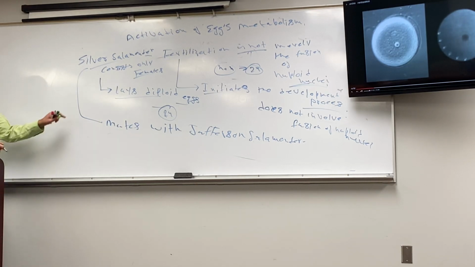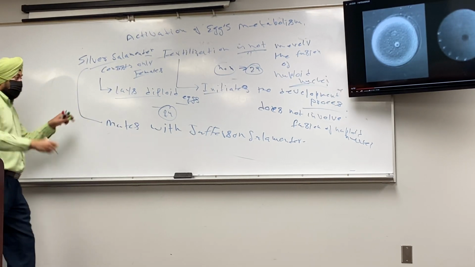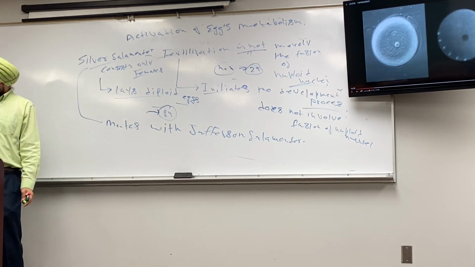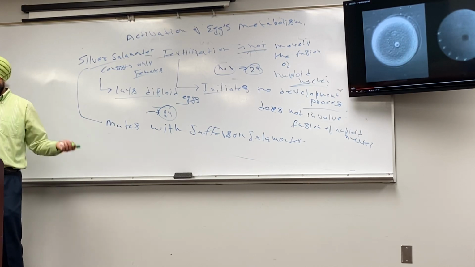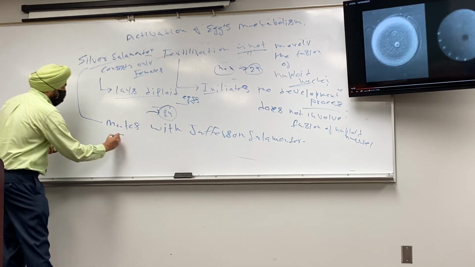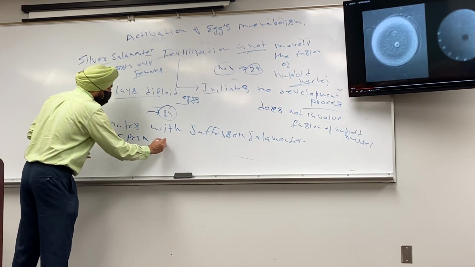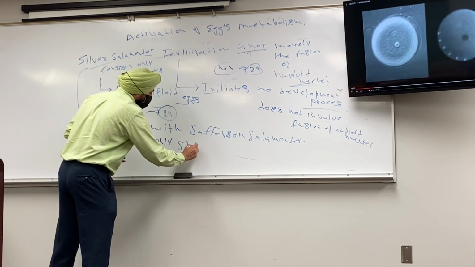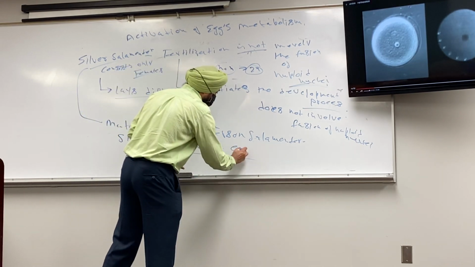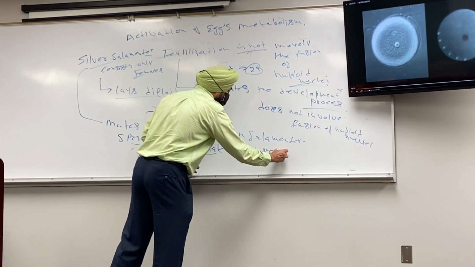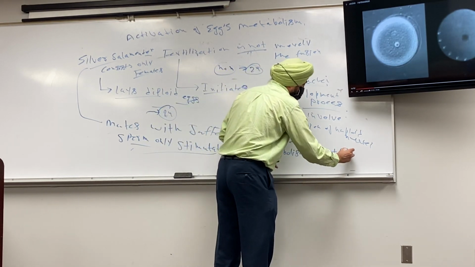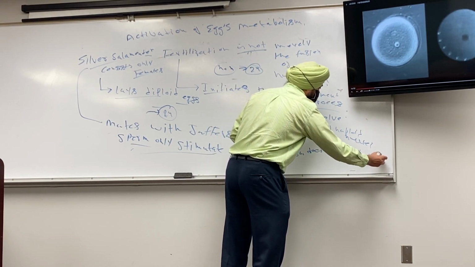Now, with the Jefferson salamander, the sperm come, attach here, cause the fertilization process, and the sperm degenerate. So the sperm only stimulates the egg's metabolism, and does not provide a nucleus.